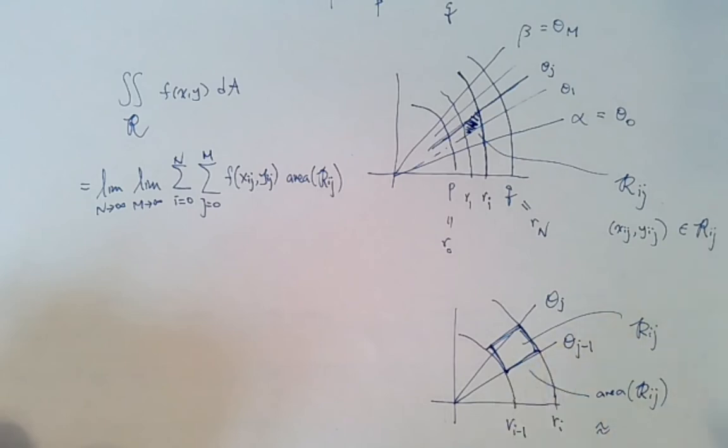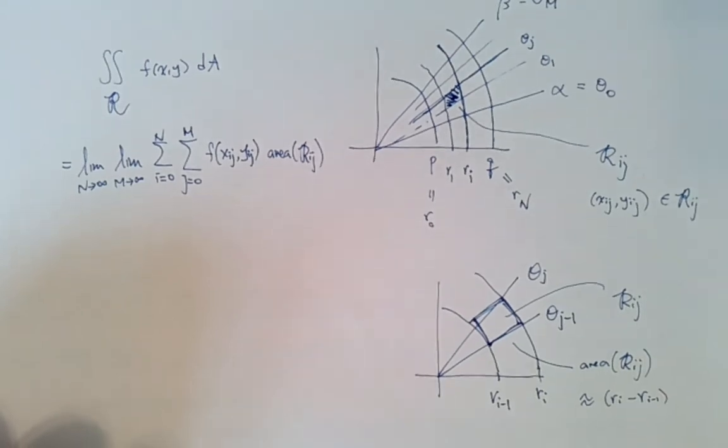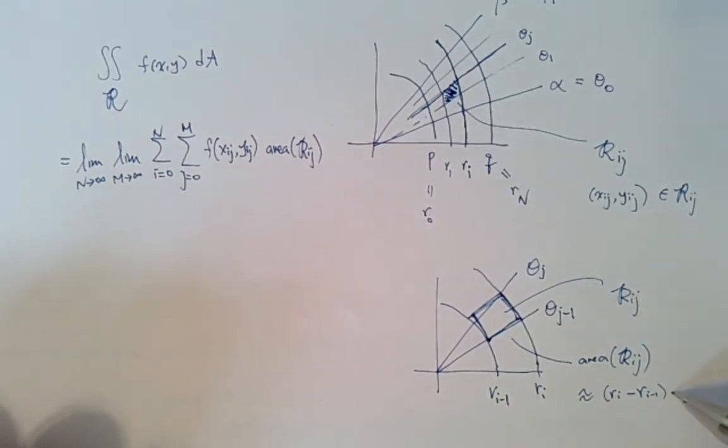Here width is easy. Width is r sub i minus r sub i minus 1. I need to multiply by this length here. Okay? But this, let me write this as delta r, the change in r.